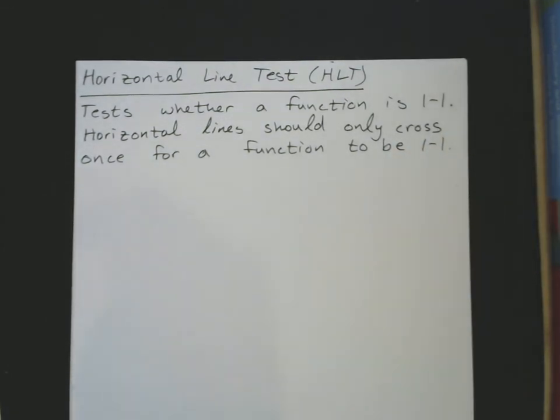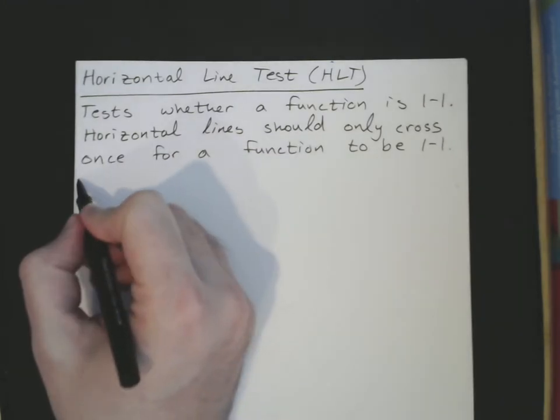So vertical line tests graphs to see if they're functions. Horizontal line tests, once you already know it's a function, you're testing whether or not it's a one-to-one function.